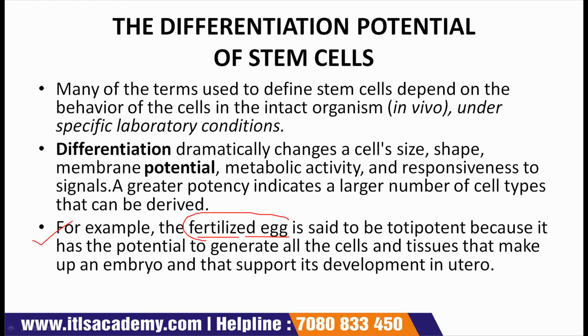The fertilized egg, as we know, forms the zygote, and the zygote is a totipotent cell, as the zygote can form the entire body. So the zygote is said to be totipotent because it has the potential to generate all the cells and tissues that make up an embryo and that support its development in utero.